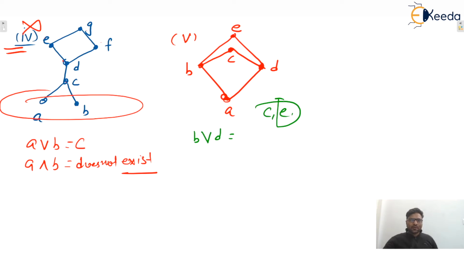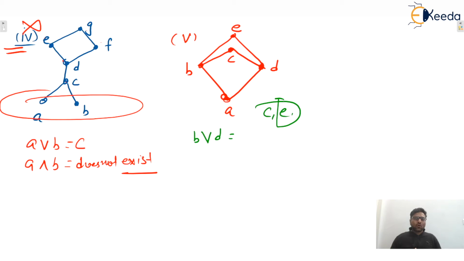Yes, we don't know. You can imagine this structure in 3D. C could be up to E, or C could be greater than E. Or E could be greater than C, or E could be smaller than C. So here we can say that E and C are not comparable. C is greater than B and D, as well as E is greater than B and D, but we don't know how much greater C is or how much greater E is.